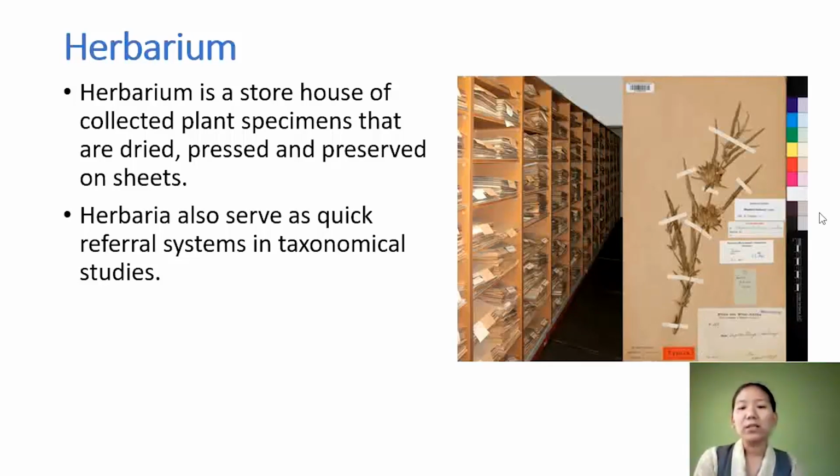Other descriptions are also provided here, and the sheets are preserved and placed in the herbarium according to the classification system, and it provides a quick referral system in taxonomical studies. So the preservation of this plant specimen becomes very important here.